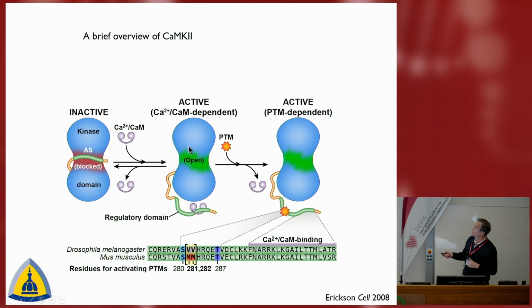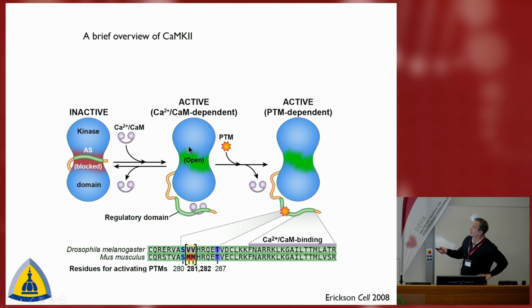Under resting conditions, CamKII is mostly inactive, and that's because, like many other kinases and phosphatases, it has an autoinhibitory sequence that acts as kind of a decoy that lies over this activation site, and it constrains the kinase, making the ATP binding pocket unavailable.